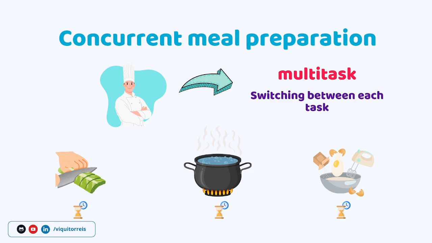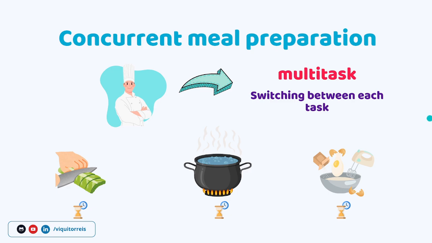You chop vegetables for the salad, then while they marinate, you start boiling water for pasta. As the water heats up, you mix ingredients for the dessert. You're not finishing each dish one by one, but rather working on parts of each dish. You're managing multiple tasks by switching between them, and this is essentially multitasking, right?